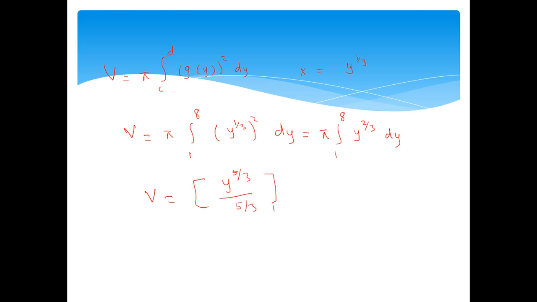We evaluate that at 1 and 8, and then we're going to get 96 over 5 minus 3/5, and that gives you 93 pi over 5. That should be the volume. This is cube root squared.